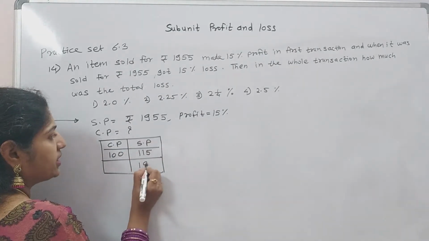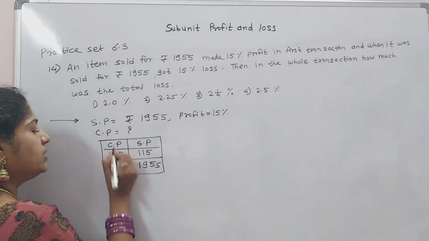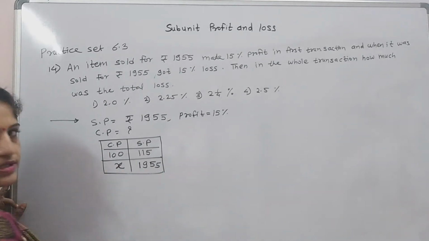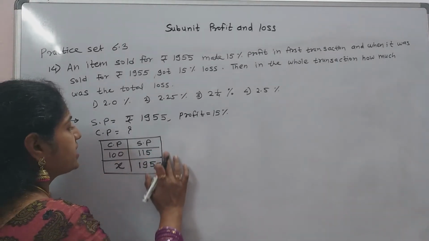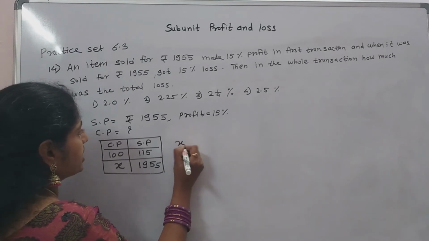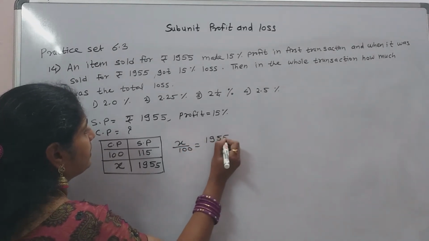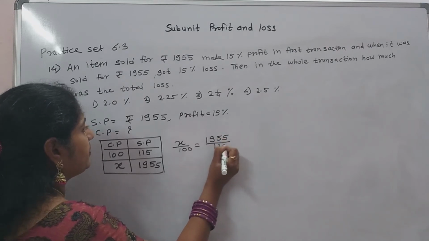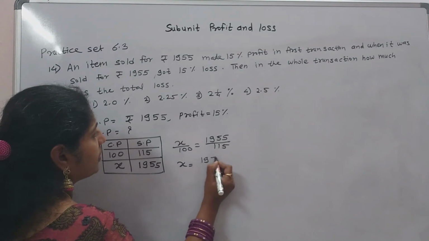Selling price 1955, let the cost price be X. Similar to example number 13, there is the direct variation. So X upon 100 equals 1955 divided by 115. So X equals 1955 into 100 divided by 115.